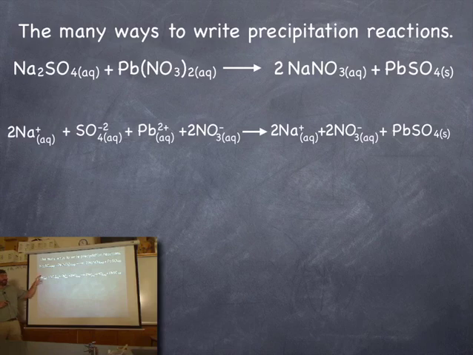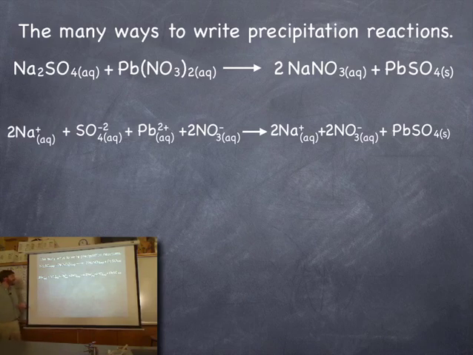We can simplify this into what we call the net ionic equation. The net ionic equation leaves out spectator ions. What does a spectator do? Watch. They don't participate. What ions didn't participate in this chemical reaction? Sodium, exact same on both sides, didn't participate. What else? Nitrate, exact same on both sides, didn't participate.